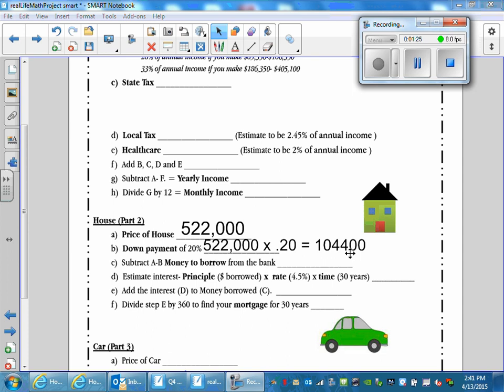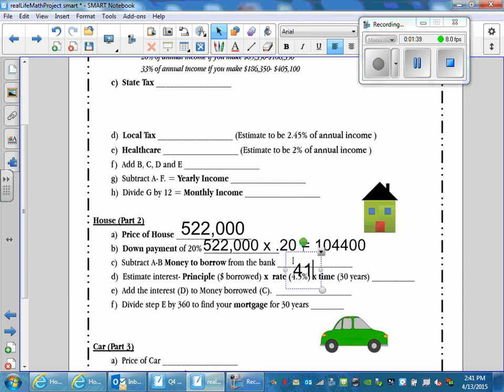And then after that, how much do I still owe? It says subtract A from B. So I'm going to take the 522,000 minus 104,400, and I still owe 417,600 on the house. Well, over the next 30 years, it's going to grow at 4.5% interest.